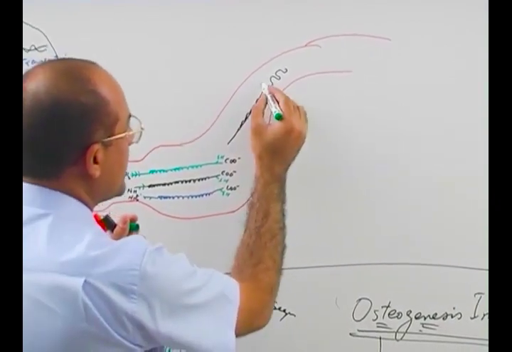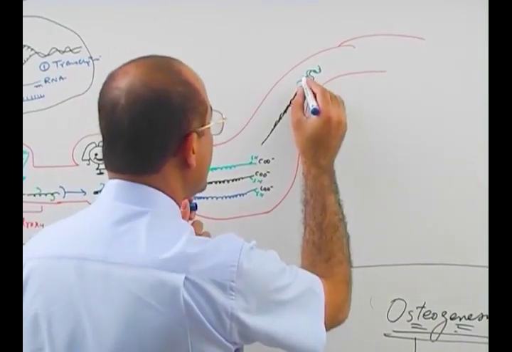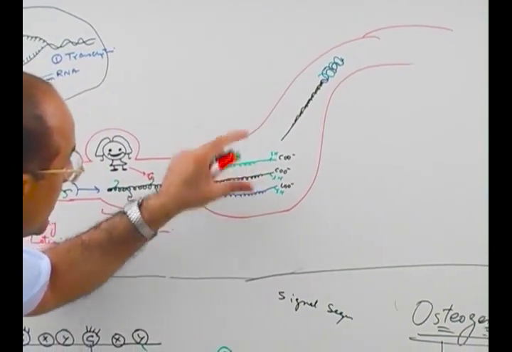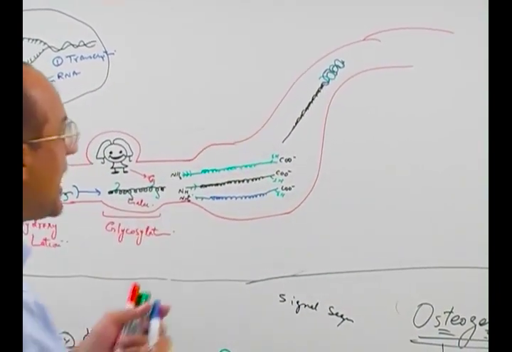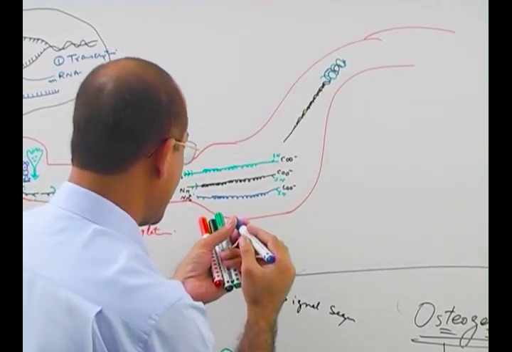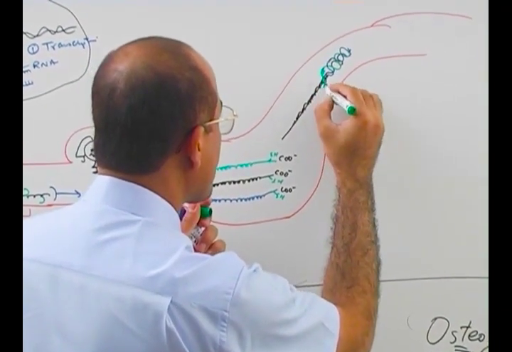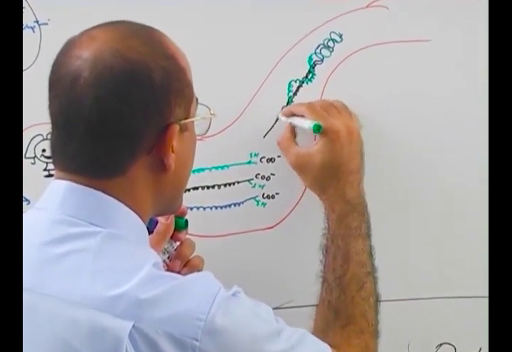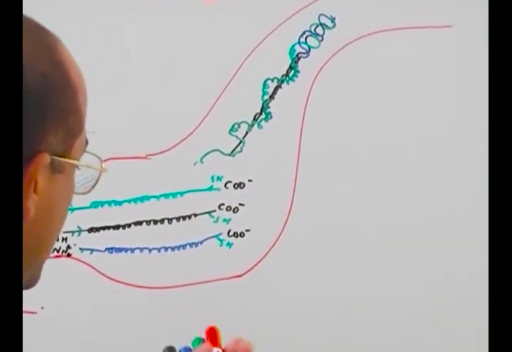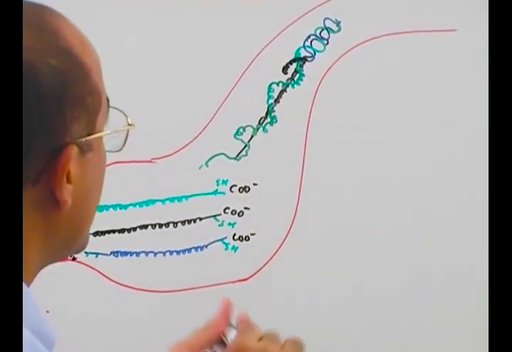And this carboxyl end of the other chain, they intermingle with each other. All of them have come together on this end, carboxyl end. And after that, the real action starts. They start twisting around each other, right? So what you will find is that this should be the blue.